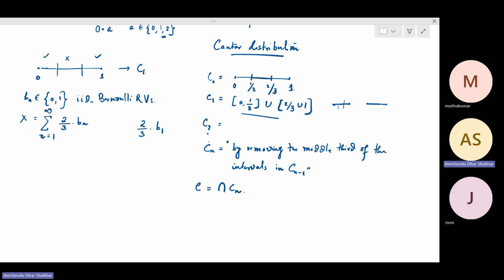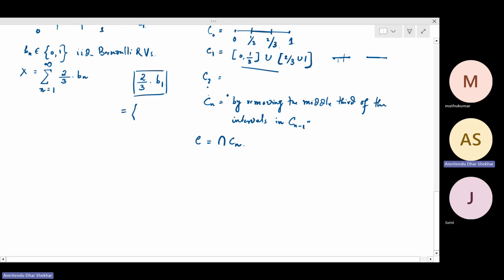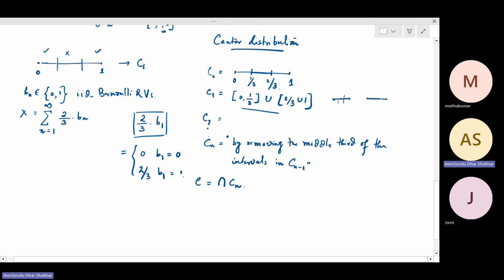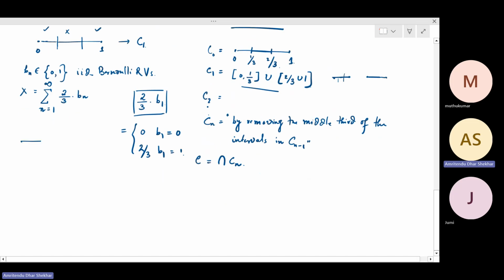That's not exactly true. 2/3 B1 is equal to 0 when B1 is 0, and it's equal to 2/3 when B1 is 1. So if you look at the set C1, [0, 1/3] and [2/3, 1], it's either this value or this value.